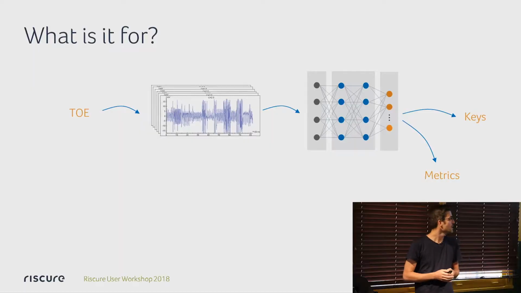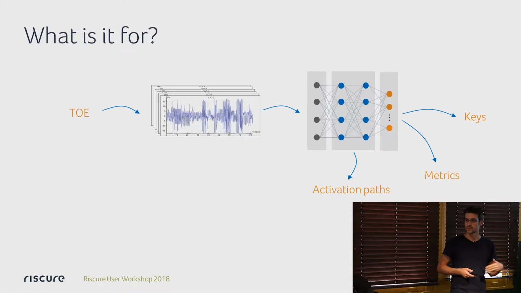But just to recap a little bit: you have your target, the product that you're developing or evaluating, and you collect your traces, you create your neural network, and then what you can expect to get is keys from that, and also you obtain your metrics. However, if you start analyzing much better what your network is actually doing when it's processing the traces, you can see that inside the network there are a lot of activation paths for every specific class on the traces.